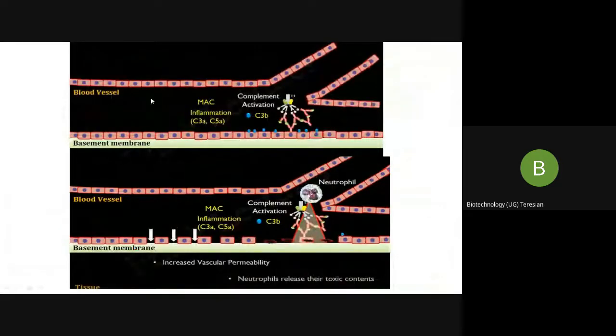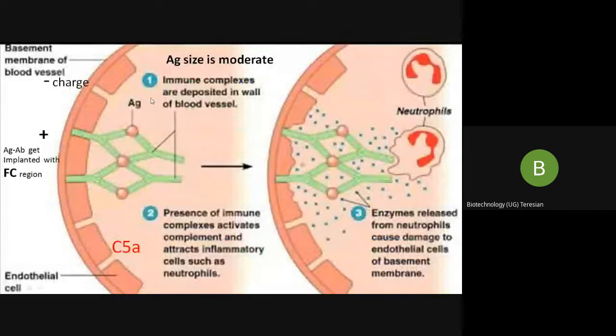Here you can see the same picture, where we are taking the example of a blood vessel. If the immune complex gets accumulated in your blood vessels, what will happen? What is the mechanism? In a healthy individual, the immune complex will be cleared off by phagocytosis.